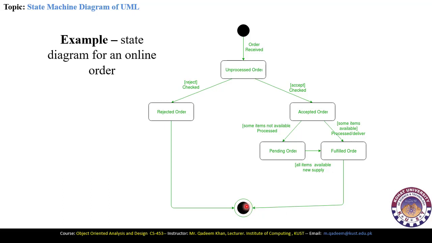So that is the state diagram for the online order system, where we have 5 different states plus a start state and one ending state. So in fact we have 7 different states here.